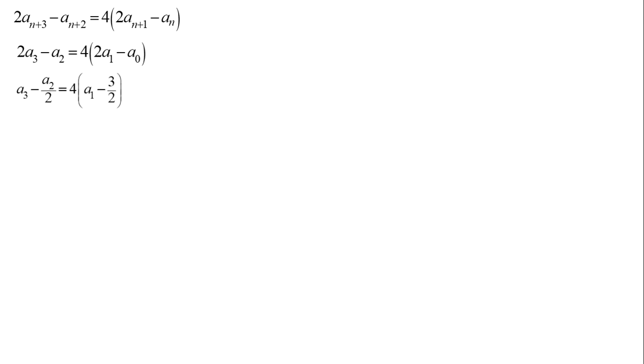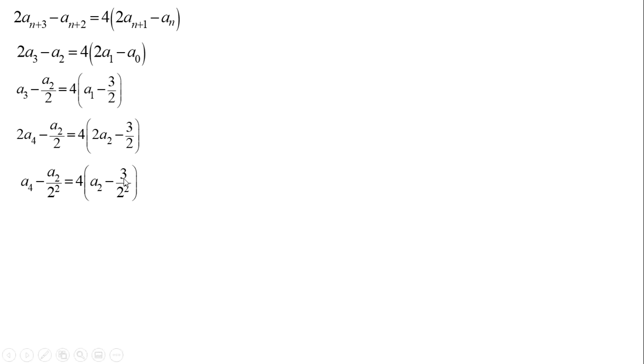And similarly, with n equals 1, we will have this one, and we can also divide it by 2, and we will have (a4 - a2) divided by 2 power 2 equals 4 times (a2 - 3) over 2 power 2.